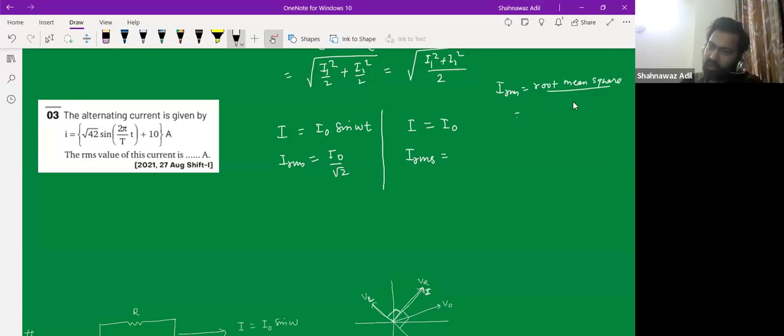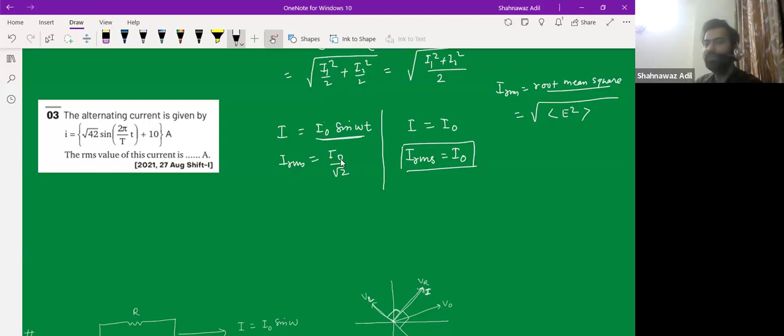So you take the square, then you take the mean, and then you take the root. So this is called the RMS. But if you have a function which is not periodic, then IRMS would be same as this thing. Only if you have a periodic function, then only you will have IRMS, which is I naught by root 2.